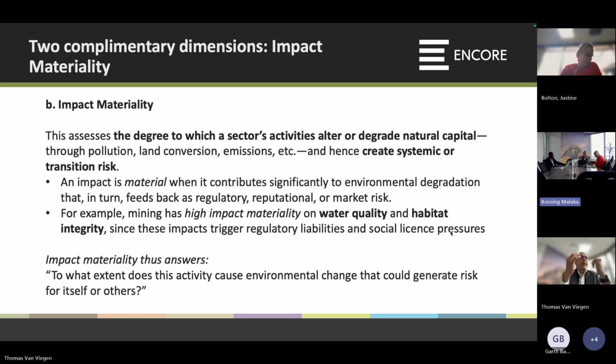So I've used the same example now just to describe impact materiality. To which degree does that sector's activity or subsector alter or degrade the underpinning and supporting ecosystem service that supports that particular production process? And I think we start speaking about the systemic or transition risks, and I've got a slide further in here which talks about the prudential risk that comes out of understanding materiality, which is quite a nice spin to bring to this.